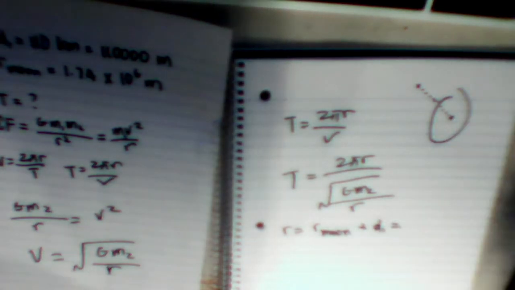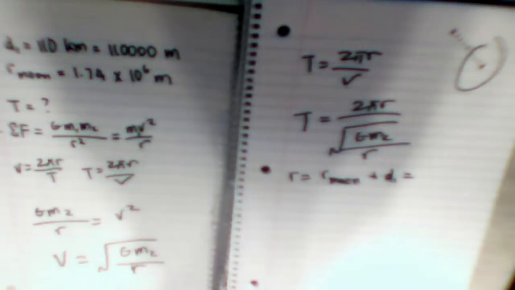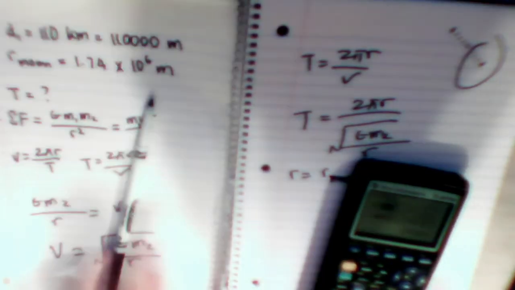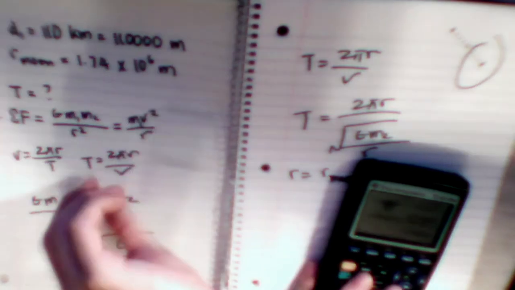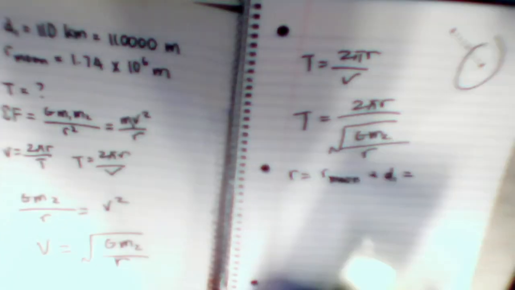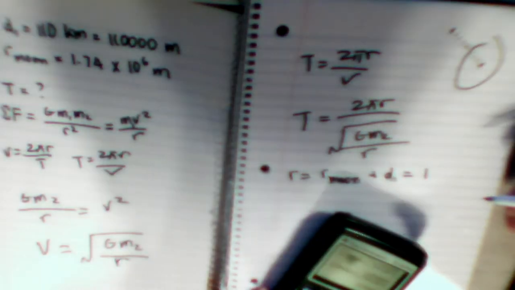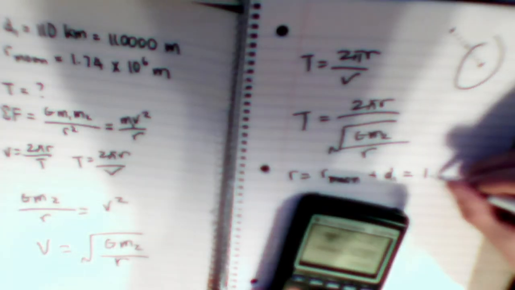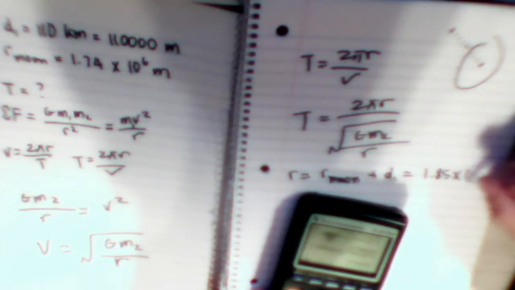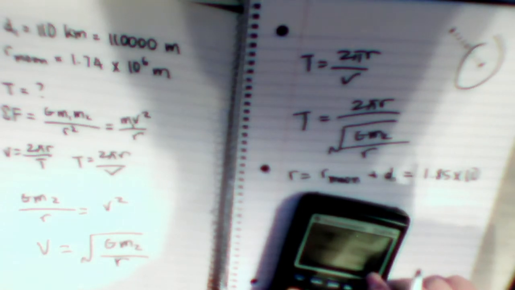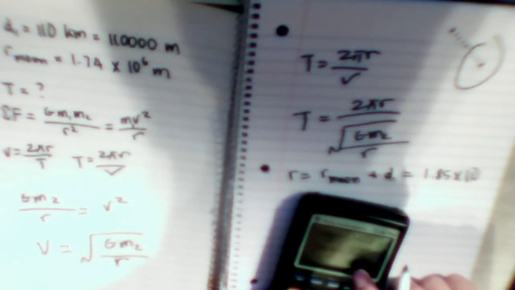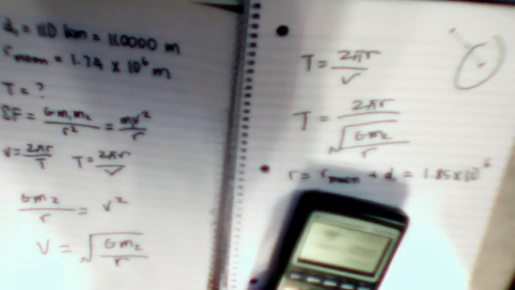And we're going to add those together ahead of time for simplicity's sake. So 110,000 plus 1.74 times 10 to the power of 6 is going to put us at 1.85 times 10 to the 6.